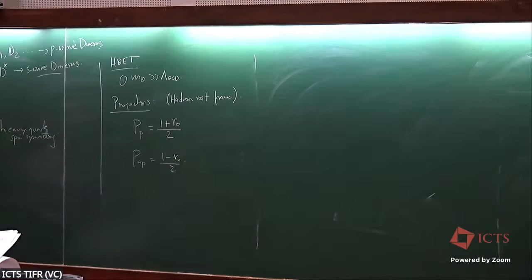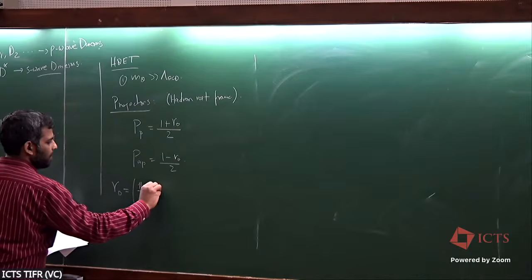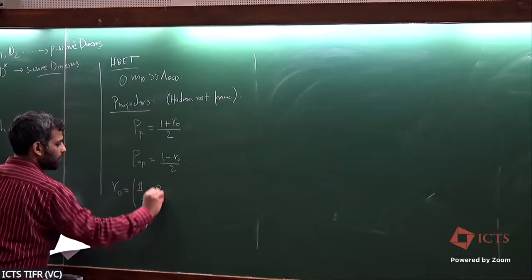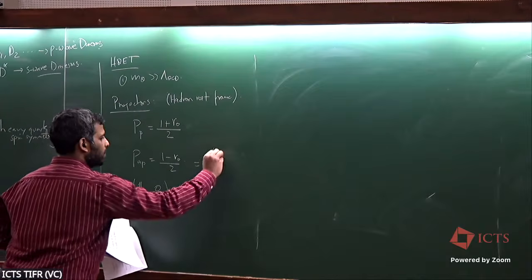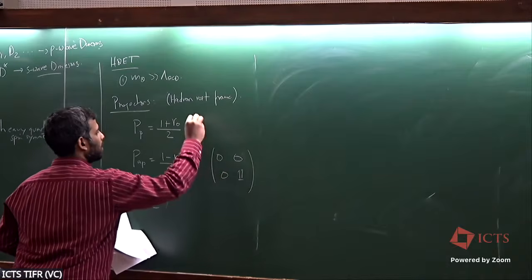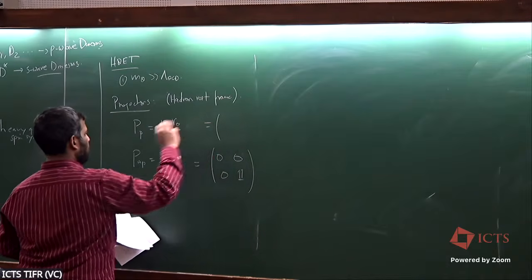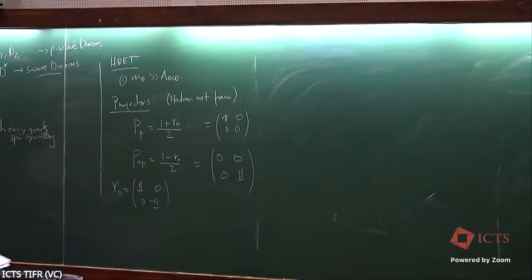Let me remind you what gamma 0 was. Gamma 0 was 1, 0, 0, minus 1. And this, if you do it, will give you 0, 0, 0, 1. This will give you 1, 0, 0, 0. So why are they being called projectors?